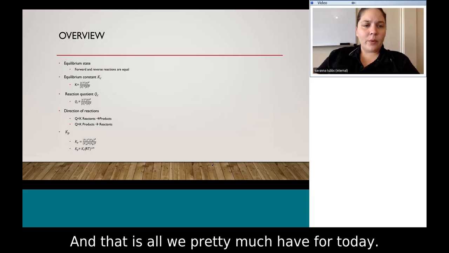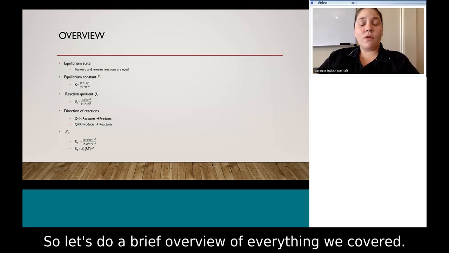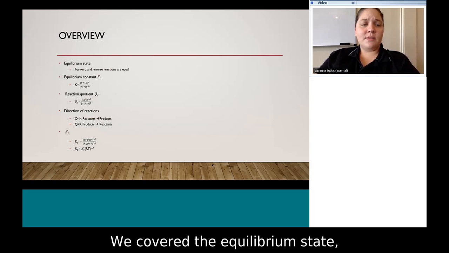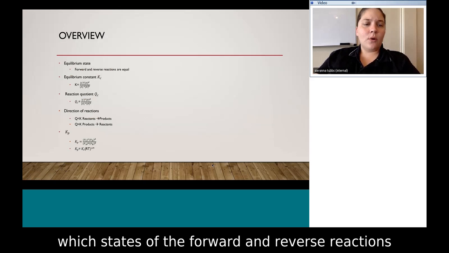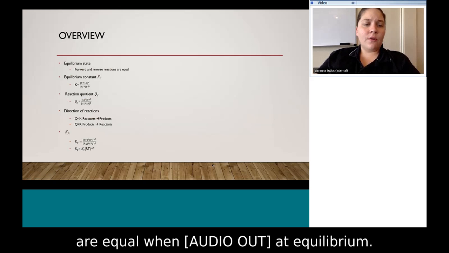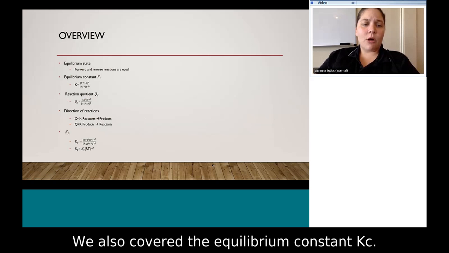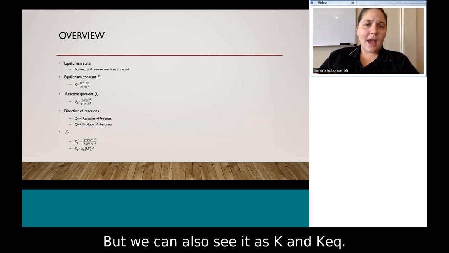And that is pretty much all we have for today. So let's do a brief overview of everything we covered. We covered the equilibrium state, which states that the forward and reverse reactions are equal when at equilibrium. We also covered the equilibrium constant Kc, but we can also see it as K and Keq.